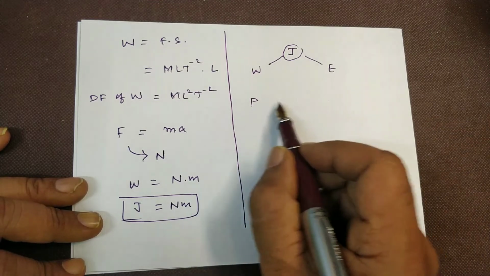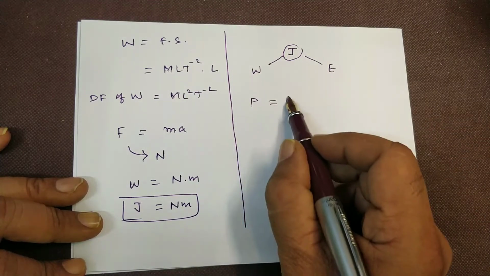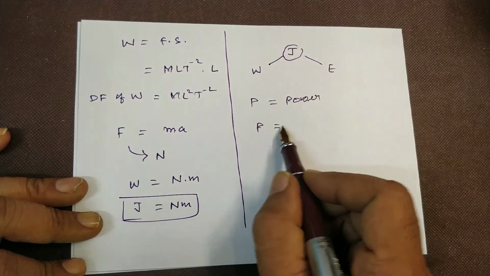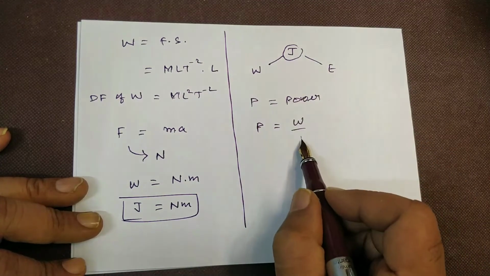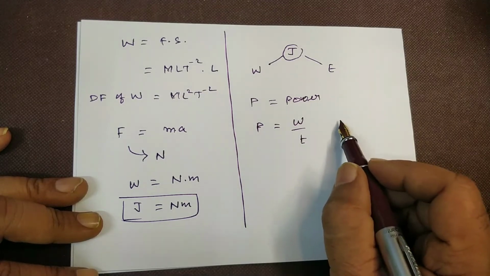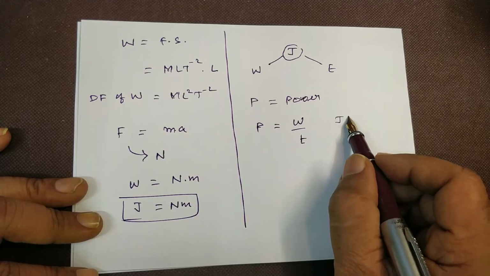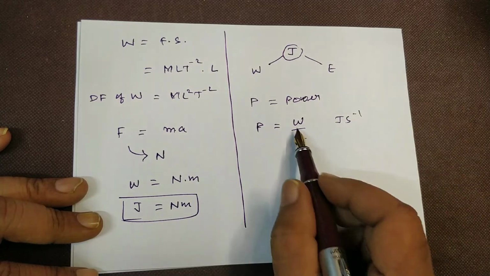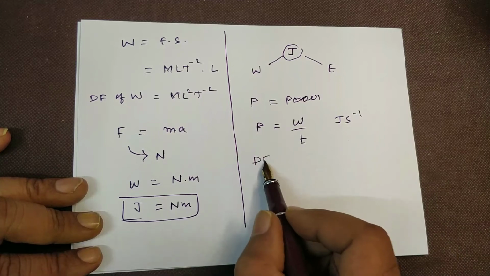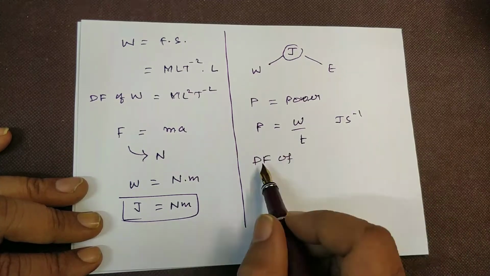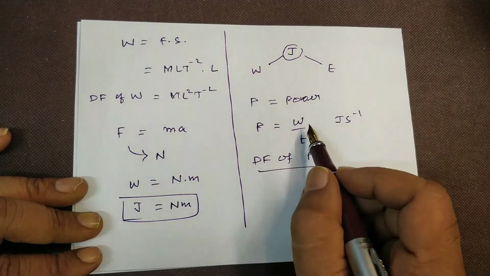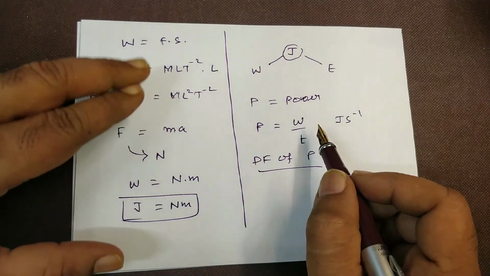Now power, P stands for power. What is power? Rate of doing the work, W by T. So in that case, what is the unit? Joule per second. And what about M L T dimension formula? dF of dimension formula of power is given as work is how much?